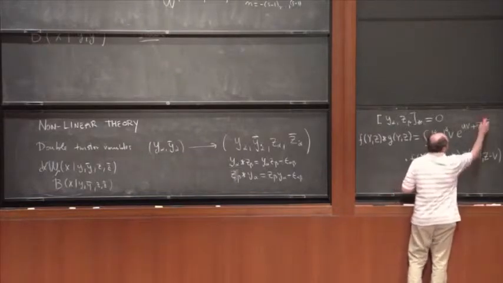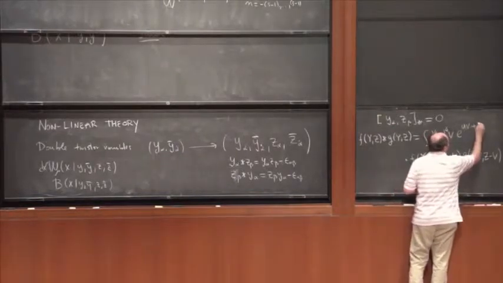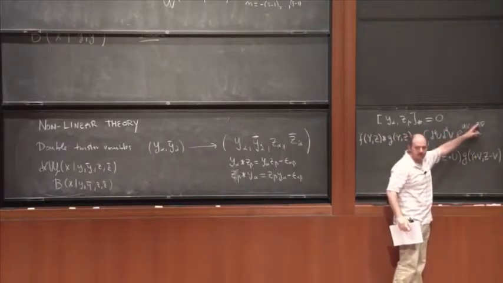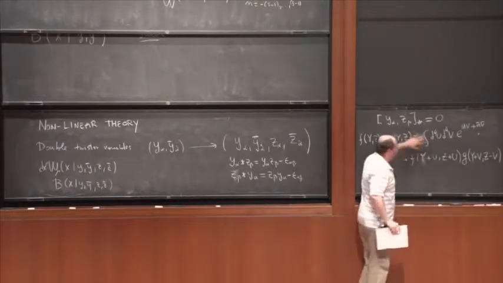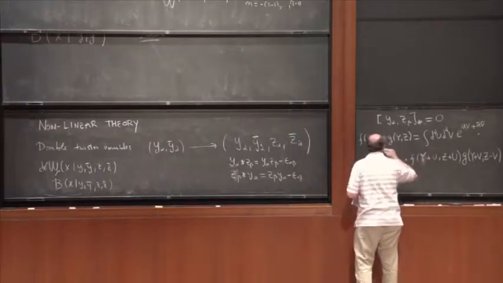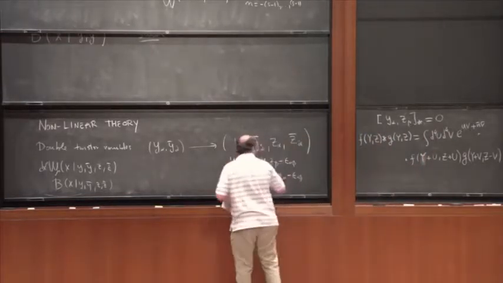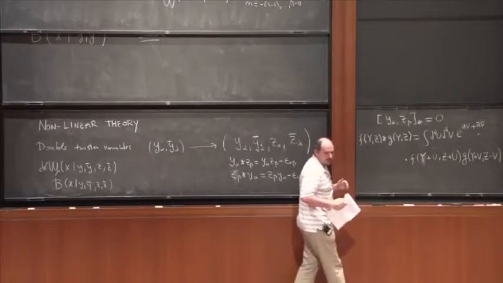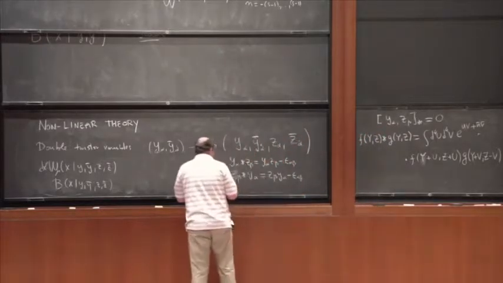So this is u alpha, v alpha, u bar alpha dot, v bar alpha dot. This is the definition. This defines the star product in this space for all possible functions. In particular, it gives this on commutators of y and z's.